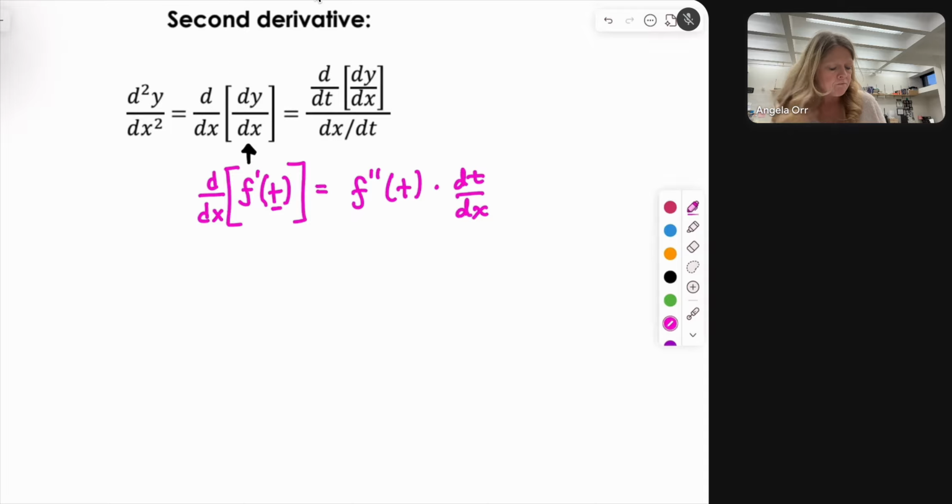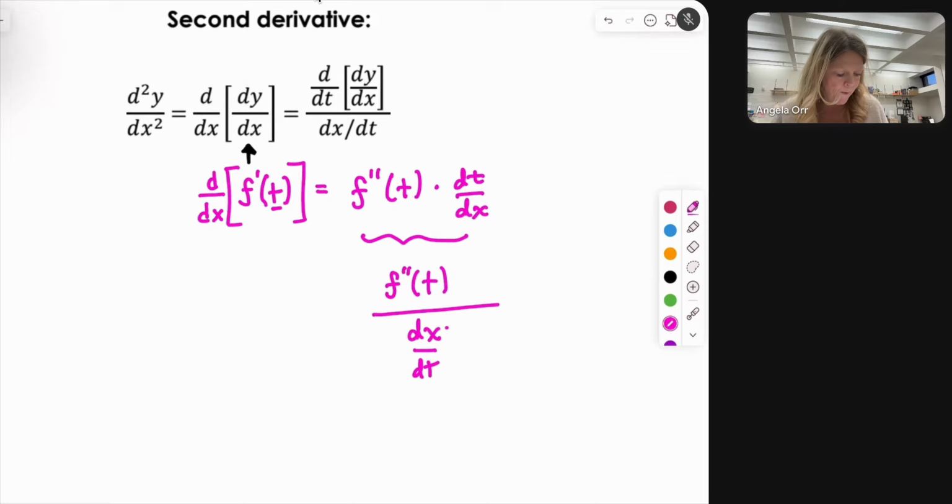Now, this statement here is the same as if we had f double prime of t divided by dx/dt. Dividing by dx/dt is the same thing as multiplying by dt/dx. And so we are taking the derivative of the derivative with respect to time.